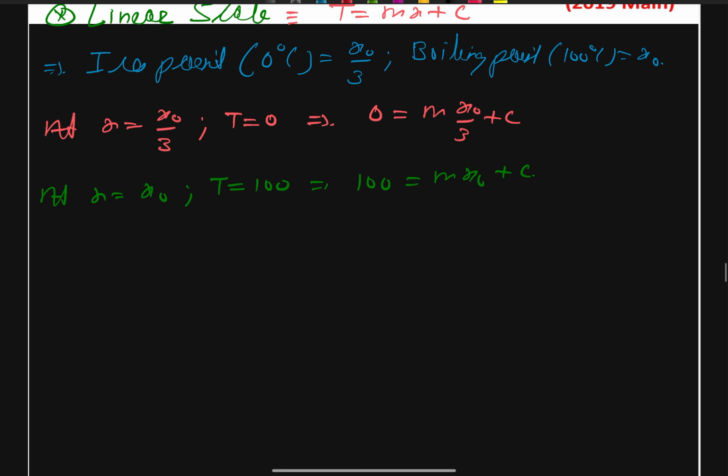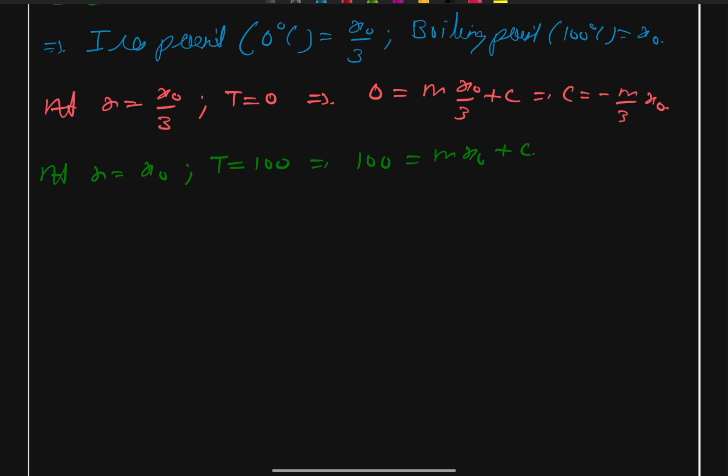From our first equation, we can find out c will be equal to minus m by 3 times x naught. And we substitute it in the second equation.